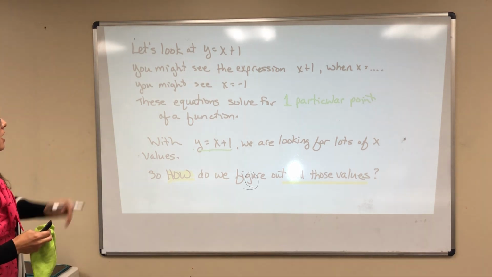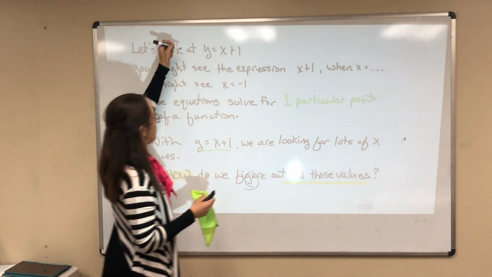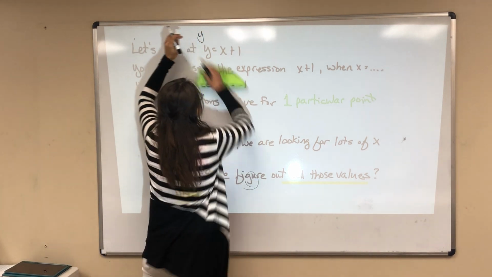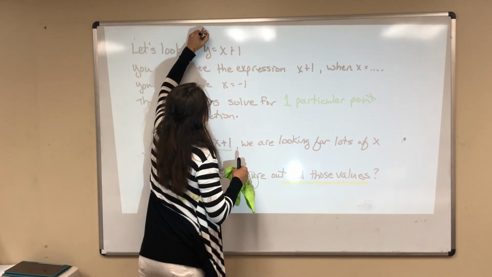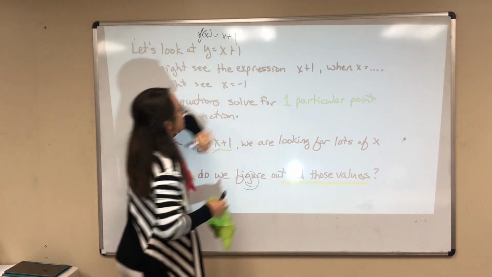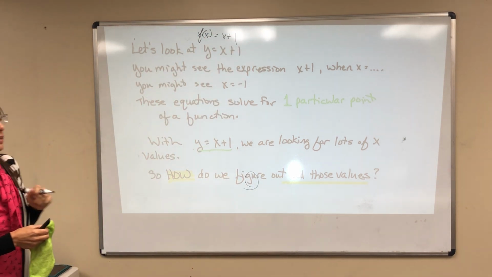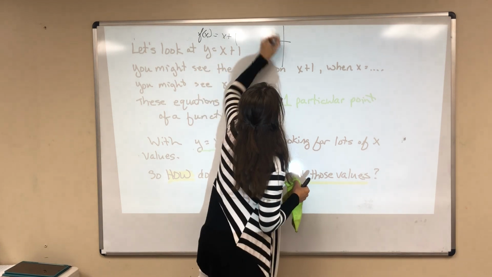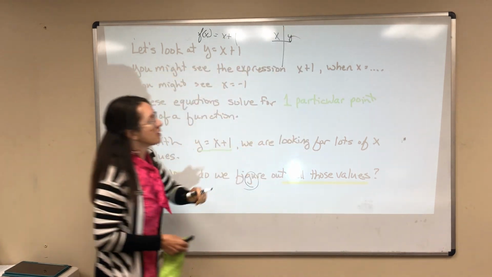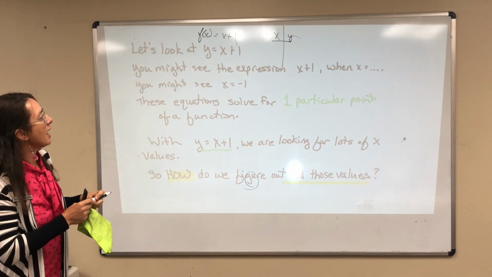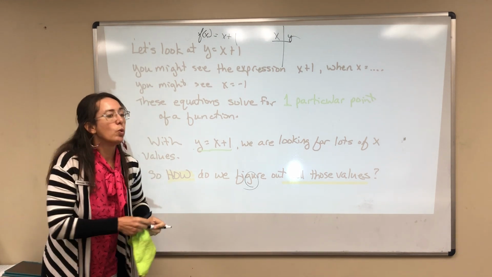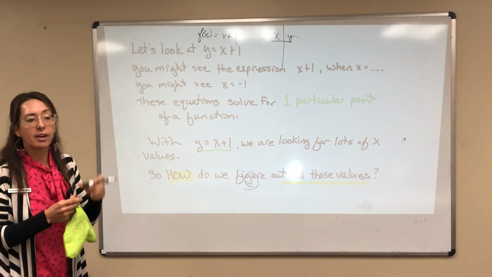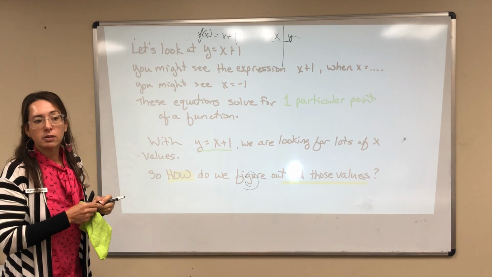Alright, so again, we've got y equals x plus 1. We could rewrite that as f of x equals x plus 1. If we were going to plot ourselves some points, we would give us x and y, and we would just start picking which one is our independent variable.